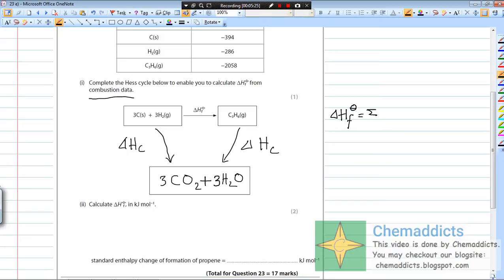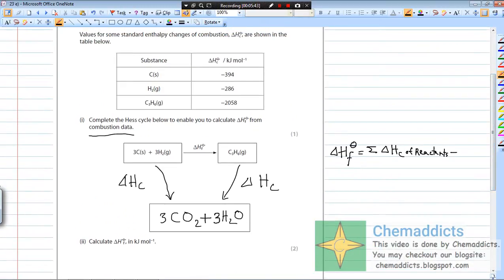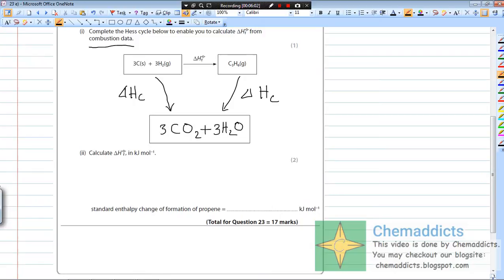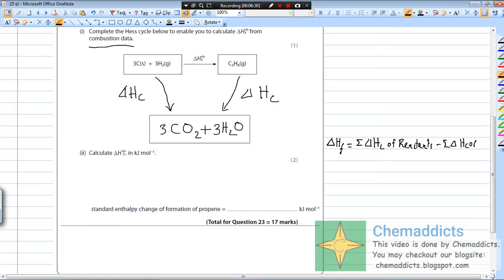the sum of combustion enthalpy of reactants minus the sum of combustion enthalpy of products.